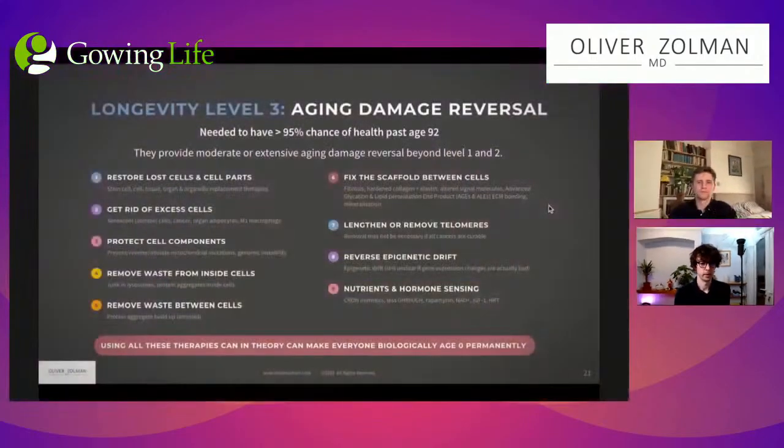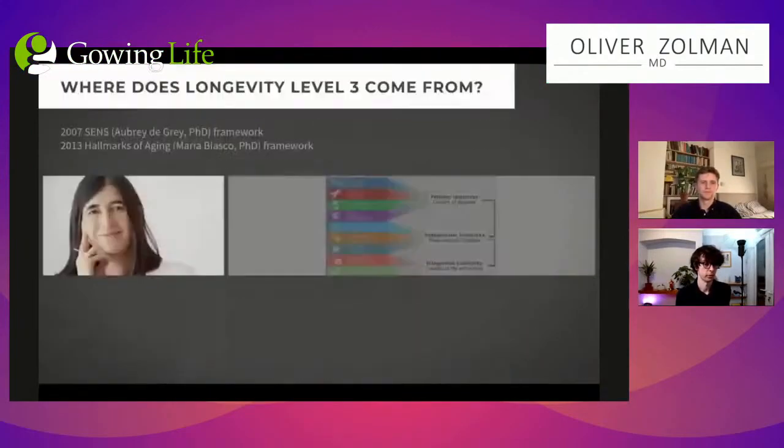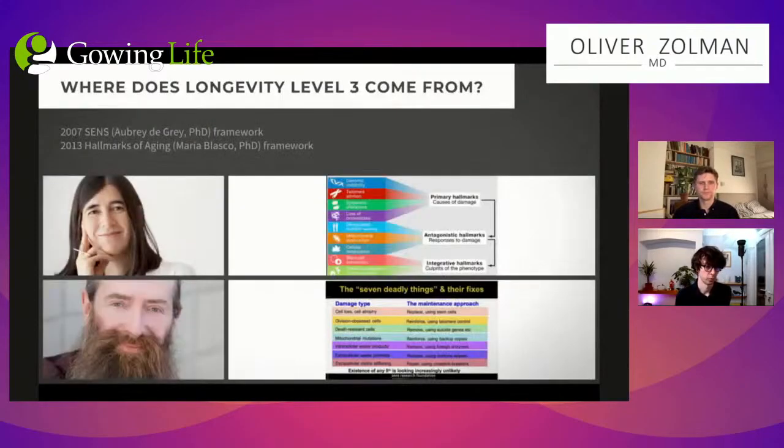My level 3 is based on this. It's combining the frameworks of Aubrey de Grey, Maria Blasco and Lopez Otin. There are 2 key papers, basically, that came out in 2007 and 2013.